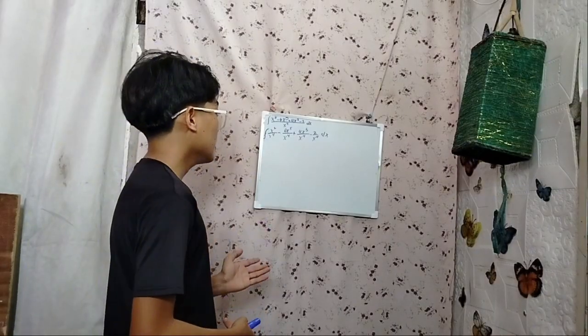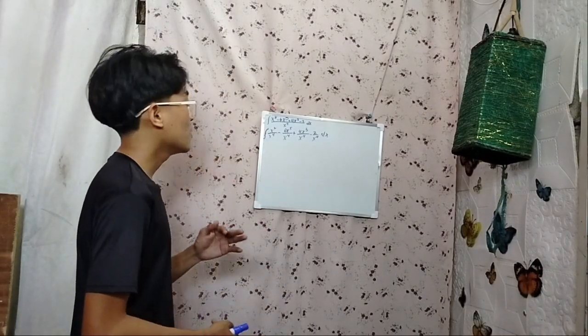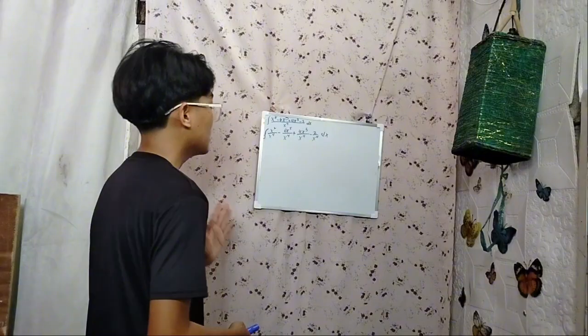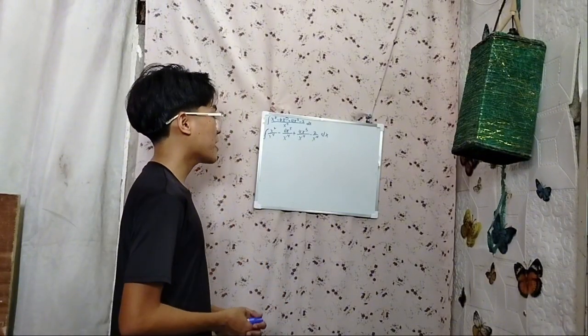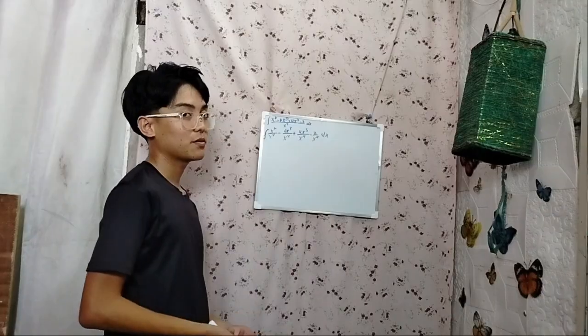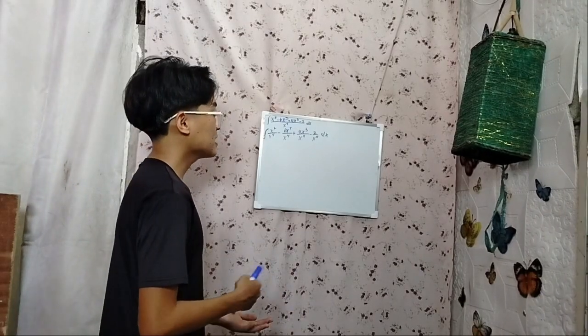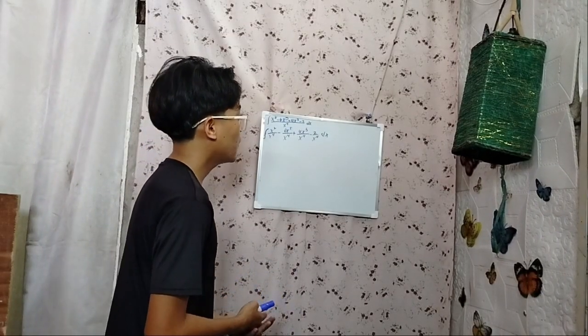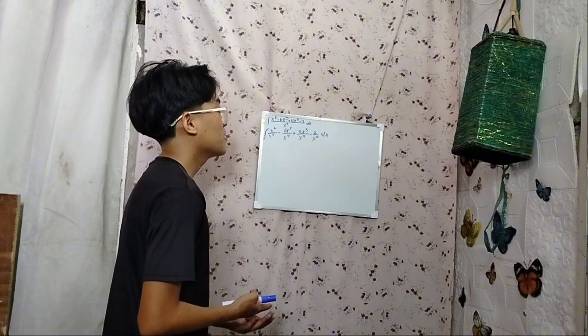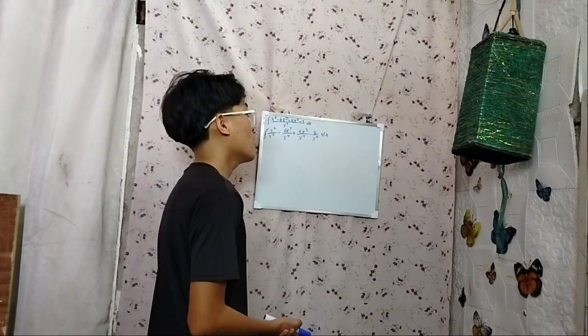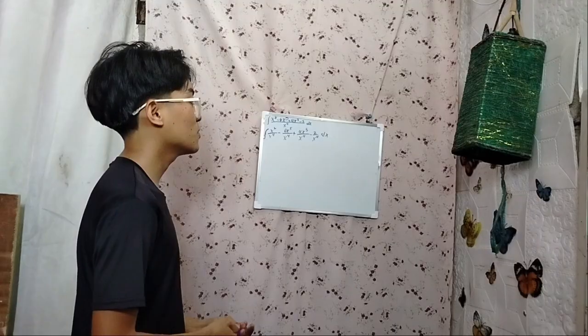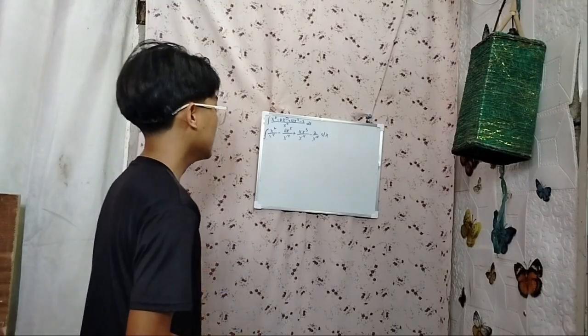So x raised to 8 over x raised to 4, minus 6x raised to 5 over x raised to 4, plus 4x cubed divided by x raised to 4, minus 2 over x raised to 4 dx.